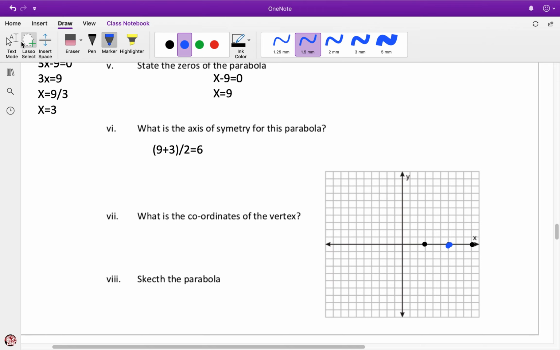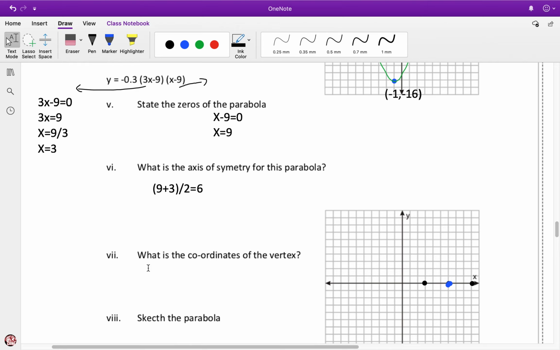So coordinates of the vertex, I'm going to plug this into the original equation. Now don't forget, here's where the negative 0.3 comes in. Bracket 3 times 6 minus 9, bracket, bracket, 6 minus 9.